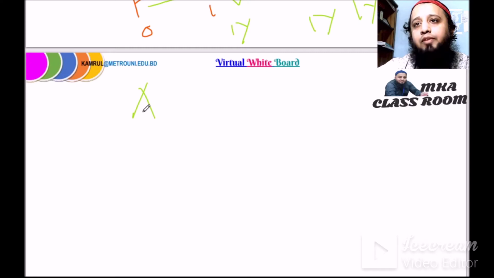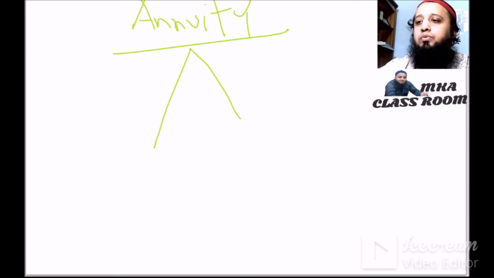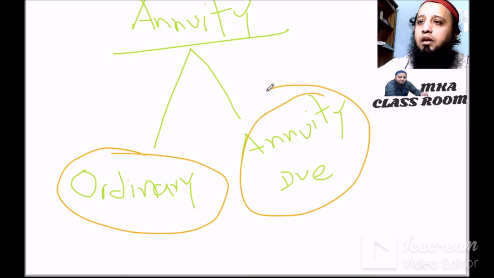And now we will try to see types of annuity. Basically, annuity is of two types. One is ordinary annuity, and another is annuity due.